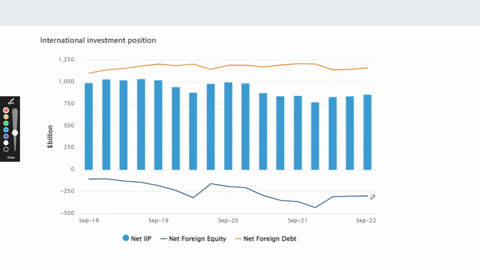So it's about negative $260 billion, which actually means in net terms, we own $260 billion more than the rest of the world owns in Australia. We add those two together and we get these bars, which is our net international investment position, which basically shows us the total liabilities and assets to the rest of the world in net terms.